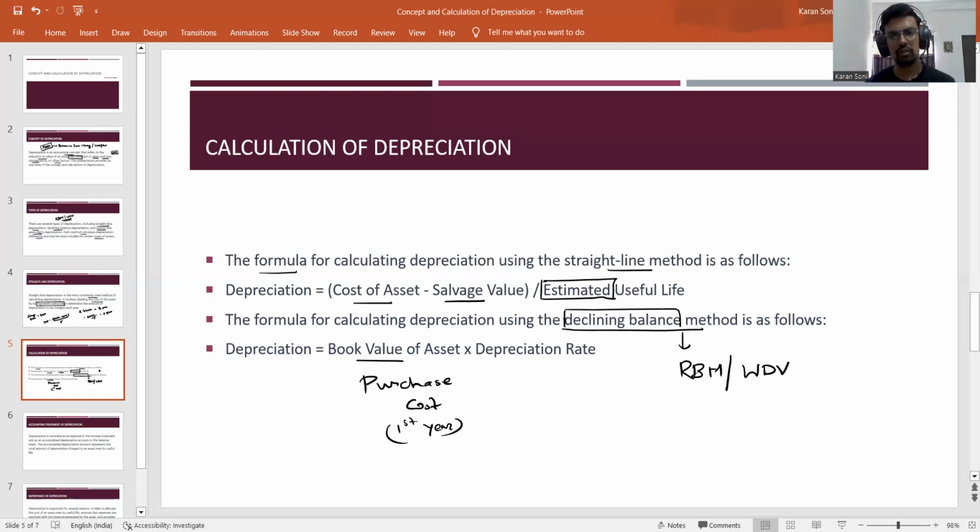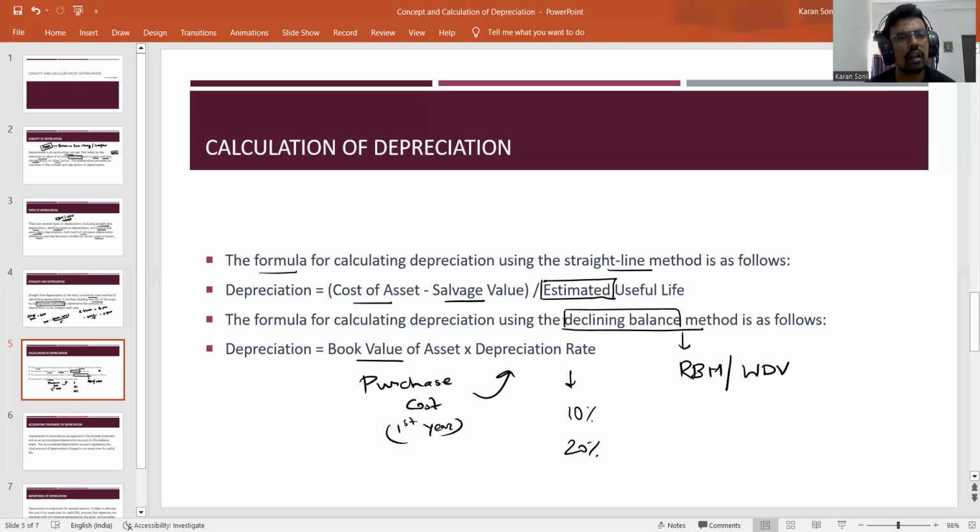So purchase cost into the rate of depreciation. The rate of depreciation must be given in your question, like 10%, maybe 20%, whatever the rate they want to apply. In reducing balance method, you will be given a rate and you just apply that rate on the assets. Let's take a simple example.